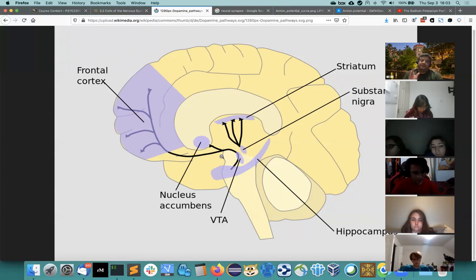Now, here's the thing about dopamine. It does a lot of things, right? It's involved in a lot of things. One of the amazing things that dopamine is involved in is reward. Reward, making you feel really good. Think of the things that you do that are just very pleasant feeling, right? Of course, the number one at the top of the list is sex, right?